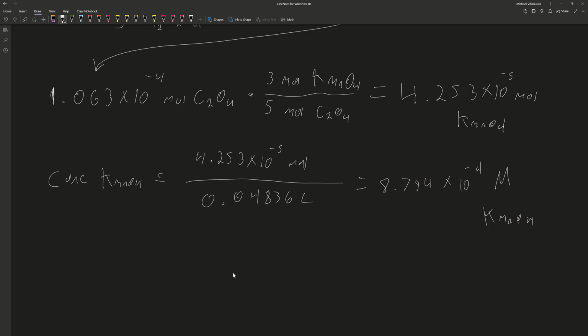So we could use this solution now for numerous things. And a lab may have standard solutions already pre-prepared that we may dilute to a final concentration, or we may prepare those solutions from stock, as we just did right here. The idea now is, as an analytical chemist, you would be given a sample of perhaps a known substance, and you would be tasked with determining, for instance, the concentration of that substance.